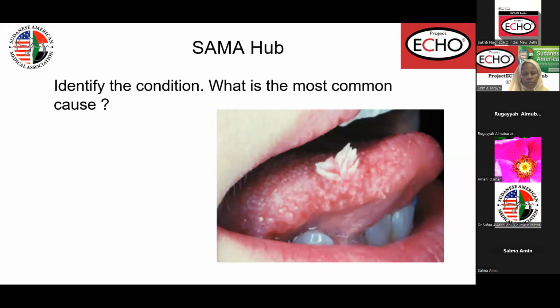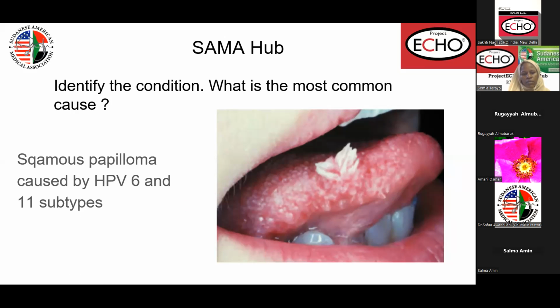Yes, so this condition here, any suggestions for the picture that we see? All right. This is squamous papilloma, caused by human papillomavirus subtype 11.